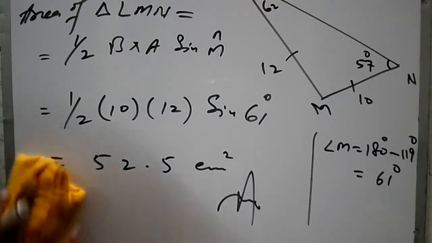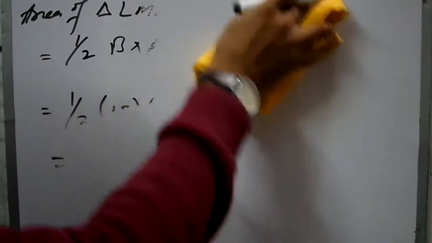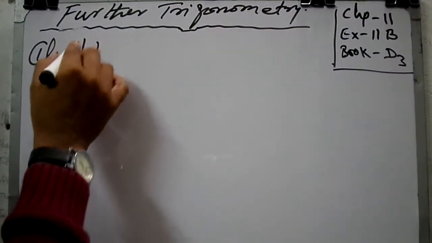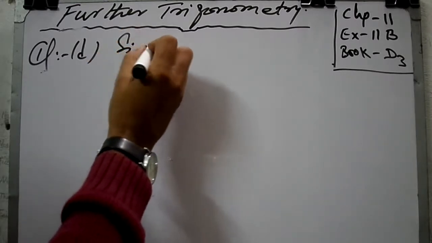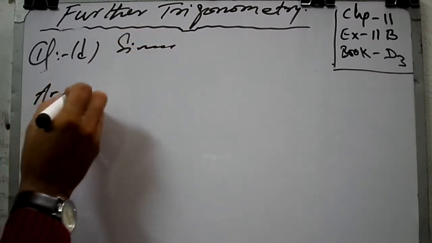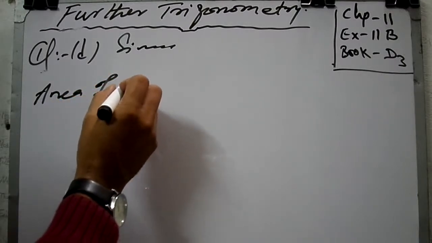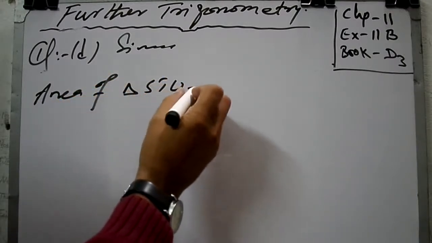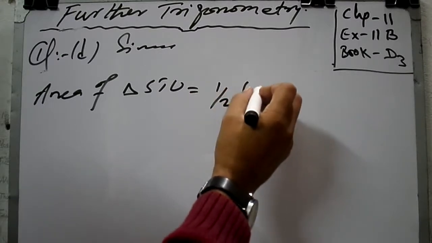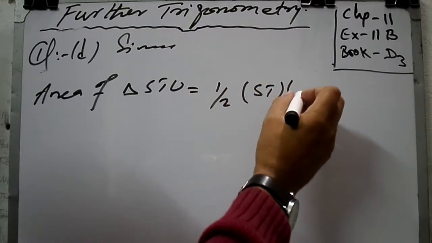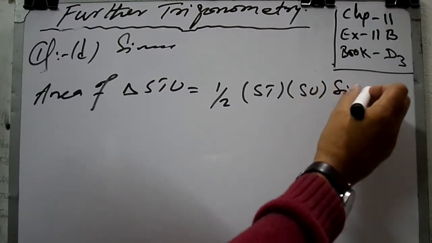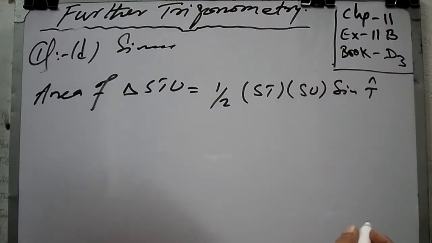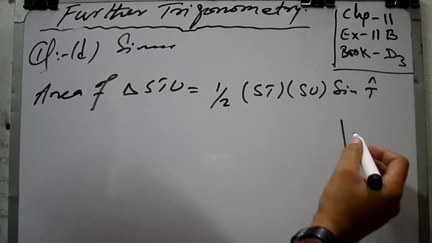Now coming to the D part. Since we have to find the area of triangle STU, that is equal to half ST base, altitude and sine T, because you see the shape.